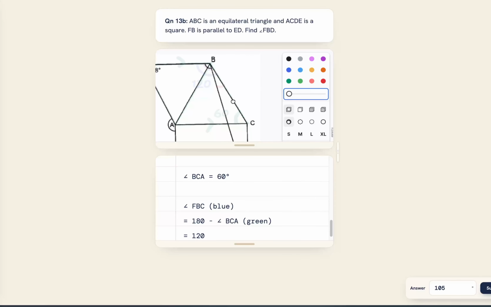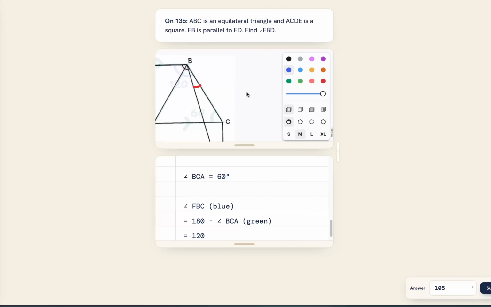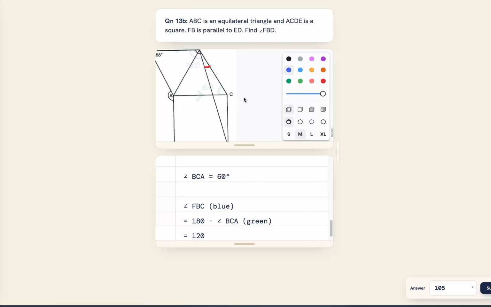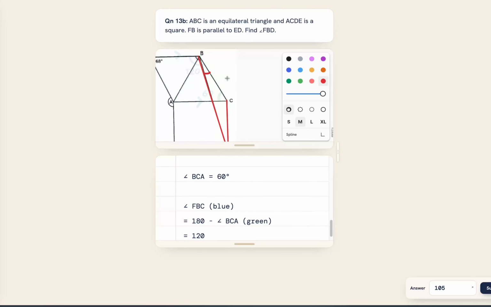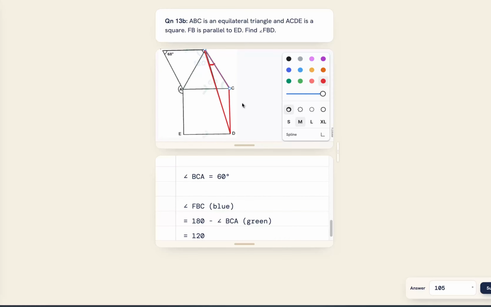To find this red angle, what shape is it part of? If you guessed this triangle over here, then you're right. What type of triangle is this? If you guessed an isosceles triangle, you're right. AC is equal to CD, as they are sides of a square.